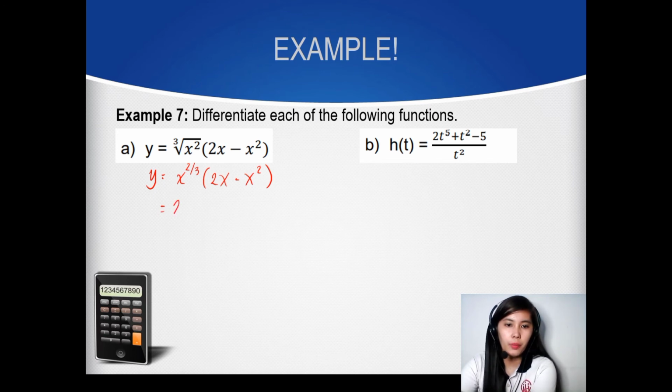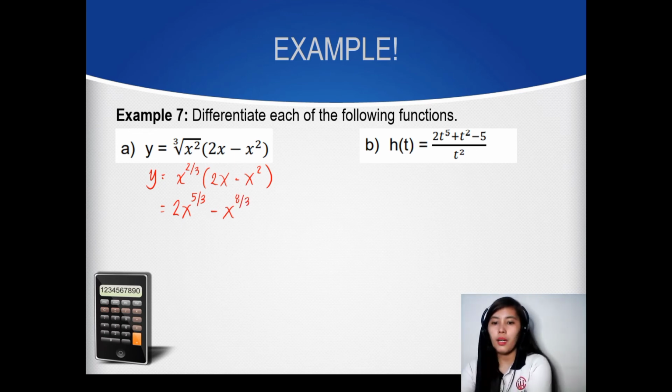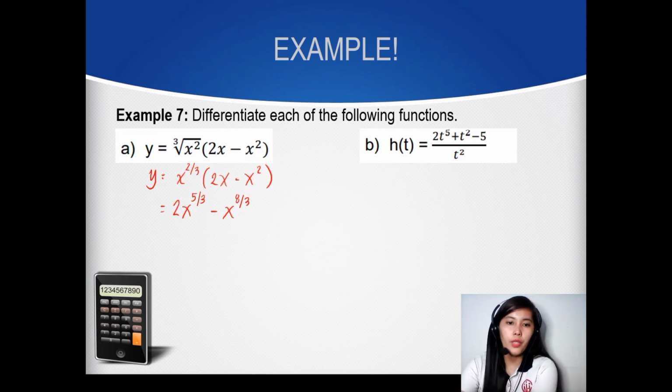That will be 2x raised to 2 plus 3, that is 5 over 3. Minus x raised to 2/3 plus 2, that is 6 plus 2, 8 over 3. So how do I do that? So if you have 2/3 plus 1, that is just the same as 2/3 plus 3 over 3, right?